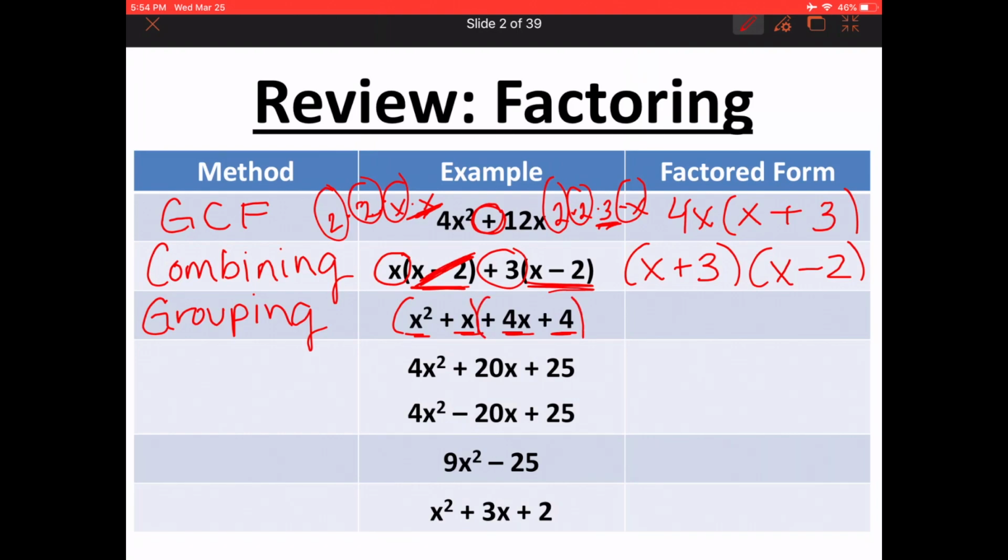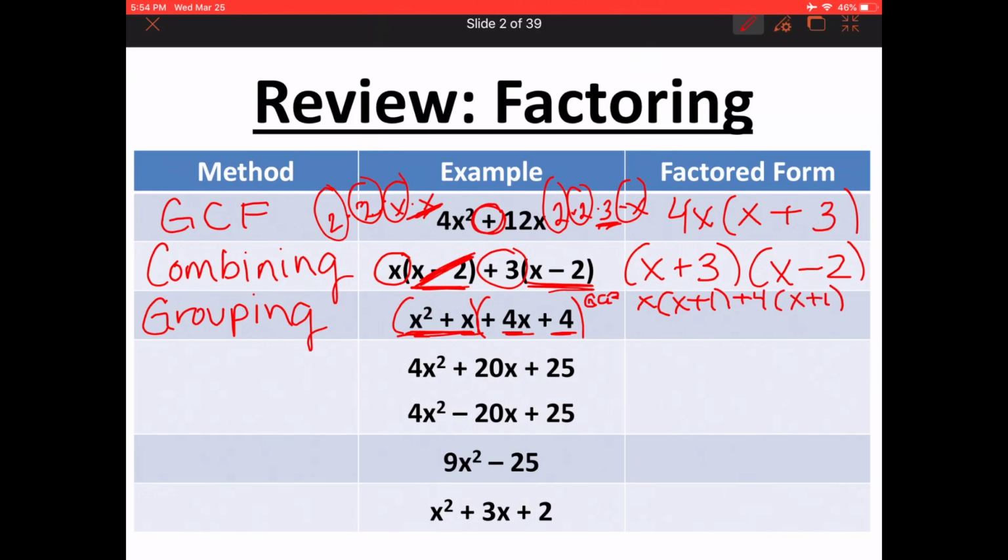And now what I'm going to do is I'm actually going to GCF. So for my first set of parentheses, the GCF is x, and I'm left with x plus 1. For my second set of parentheses, the GCF is a positive 4, and I'm left with x plus 1.